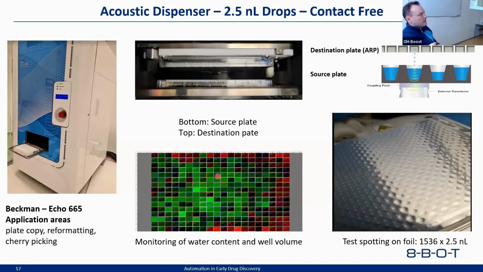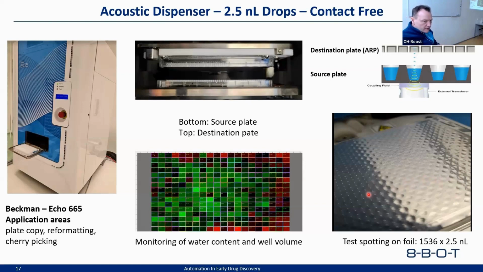It's in the sub-nanoliter range that they can measure, and in a percent range, the water content. Which is also good, because if you have a lot of water, you have a lot of precipitation, and in the worst case, your well is empty, and you should not even take this point into consideration.